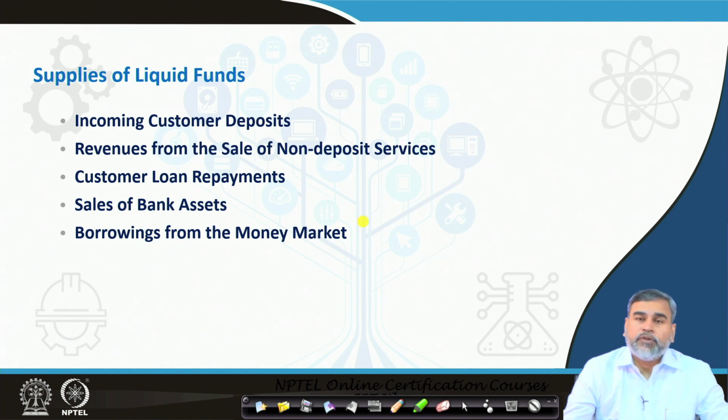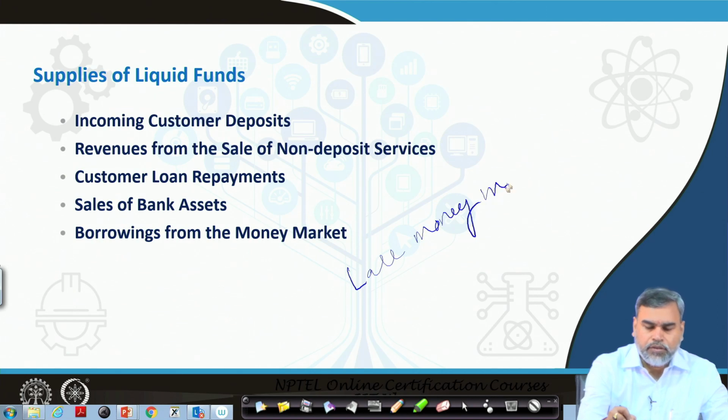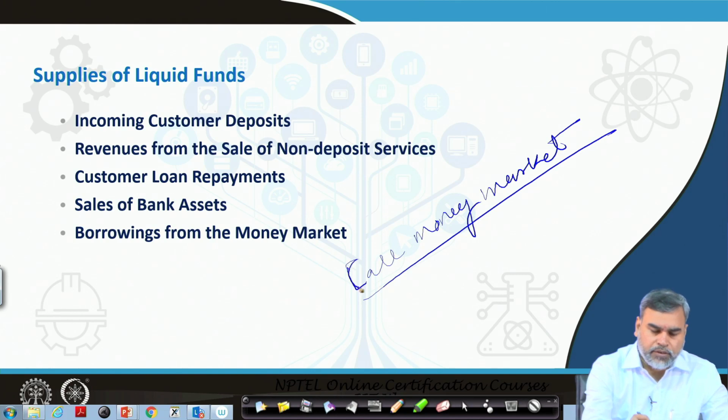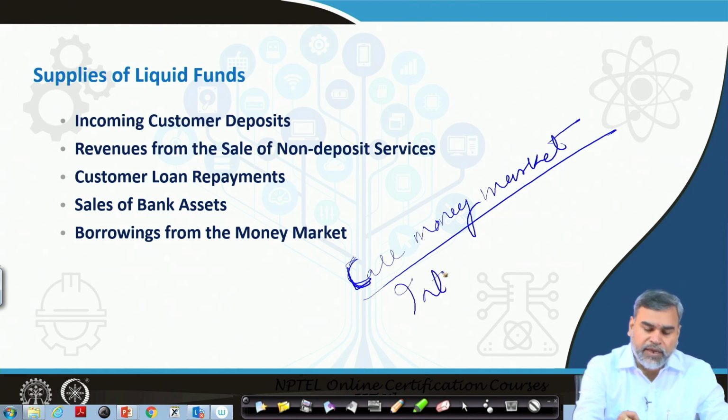They can borrow from the money market, because in India we have a money market, as all of you know, called the call money market. The call money market is nothing but the interbank lending market.